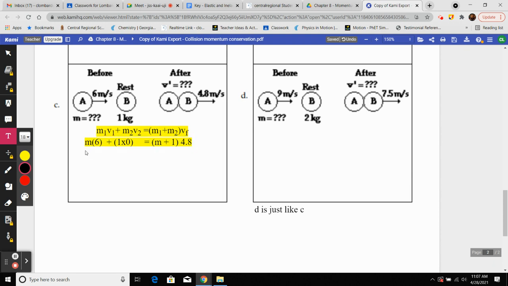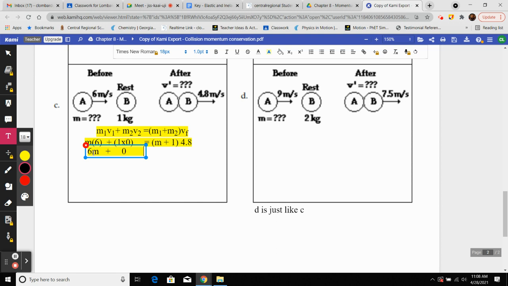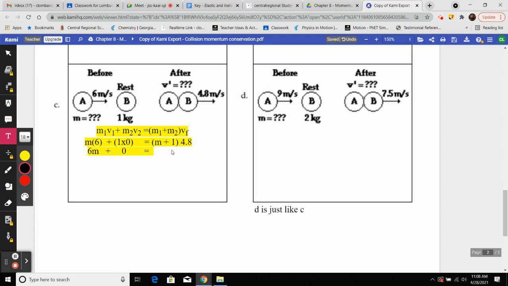So now what you need to do is multiply things out and then start to simplify. The first thing I'm just going to rewrite slightly as 6m, because I like that better, plus, what's 1 times 0? 0. So in this spot here, we have to distribute this 4.8 to what's inside the parentheses.